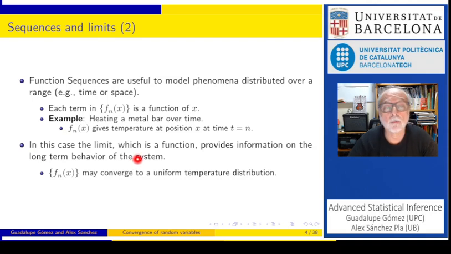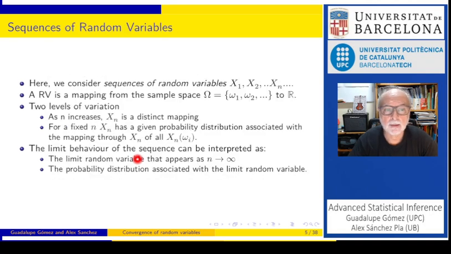Okay, now if we move on to sequences of random variables, we need to remember that a random variable is a mapping from the sample space to the real numbers. This means that we can say we have 2 levels of variation.